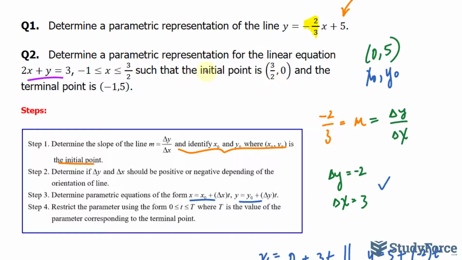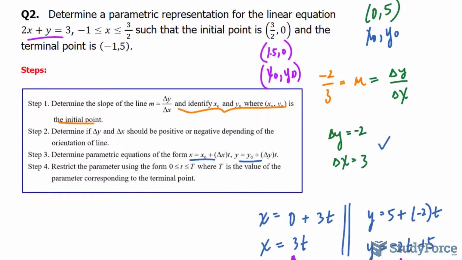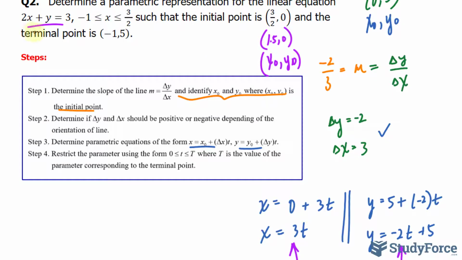As you see in this question, they give us the initial point. It's at 3 over 2 and 0. So 1.5 and 0, that will represent x sub 0 and y sub 0, which we didn't have in question number 1.